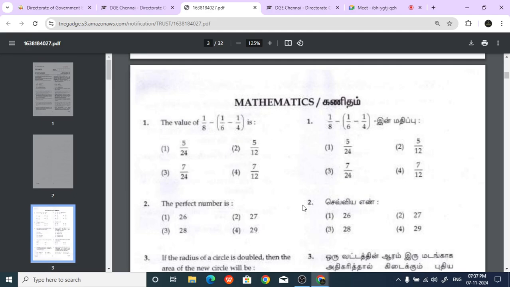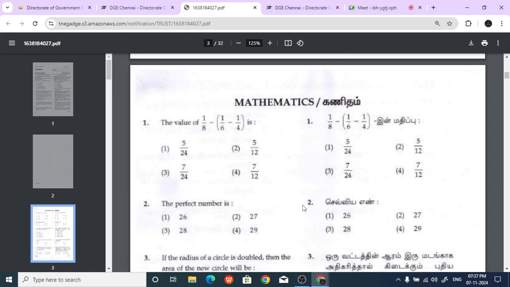Are you getting minus 1 by 12? How do you do it? You take an LCM. The LCM of 6 and 4 is 12. So the denominator is 12, and the numerator you write as 4 minus 6. So minus 2 by 12, sorry, minus 1 by 12.